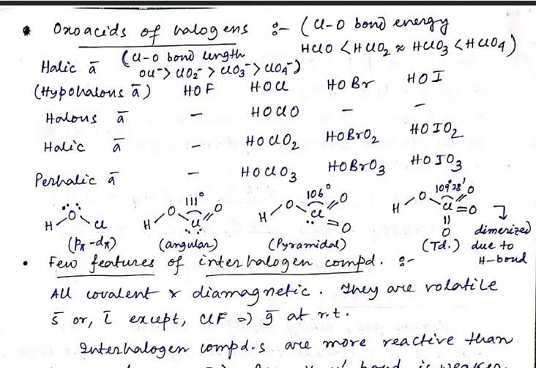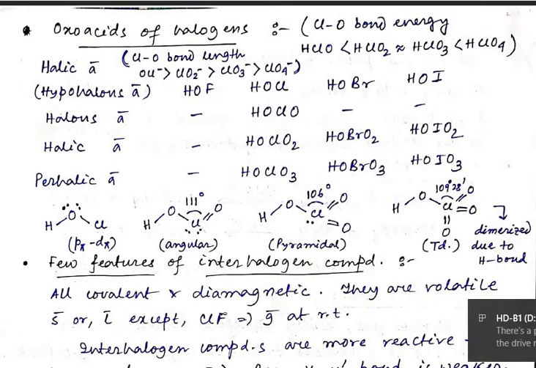Now, what is the bond strength? If I take the example of the oxoacids of chlorine, as chlorine can form four types of oxoacids, we are taking chlorine only.